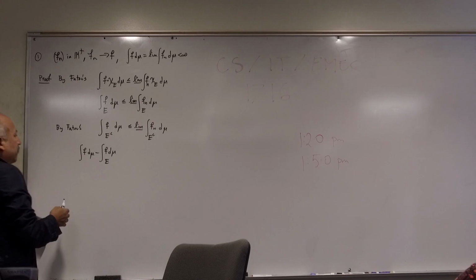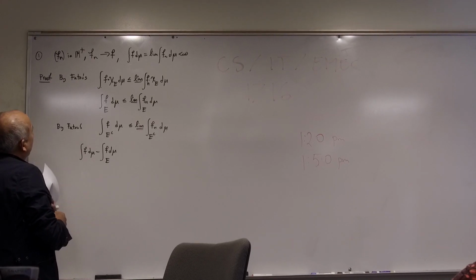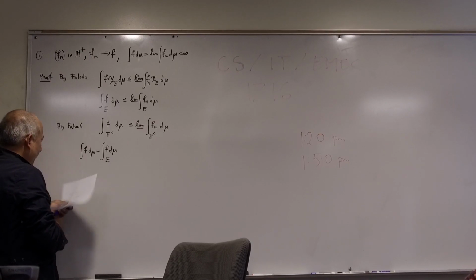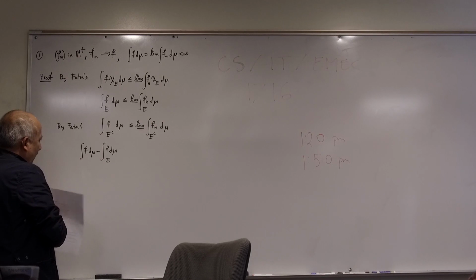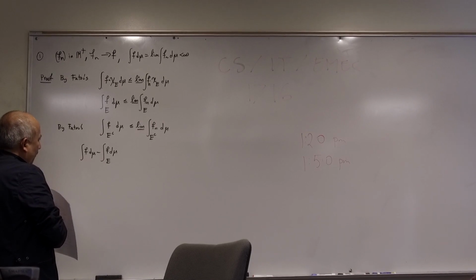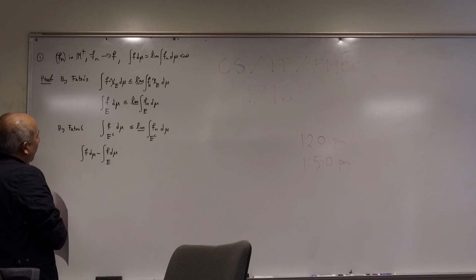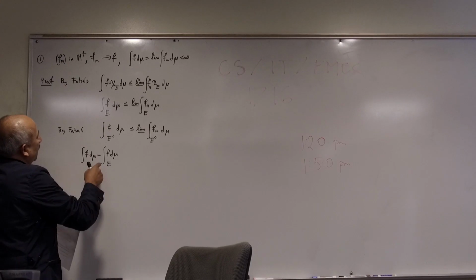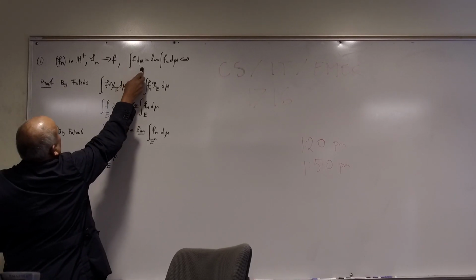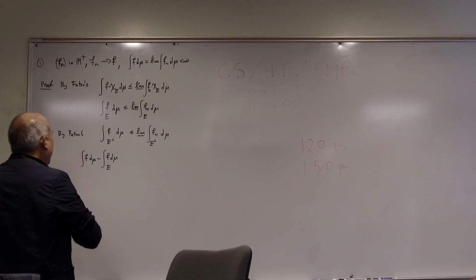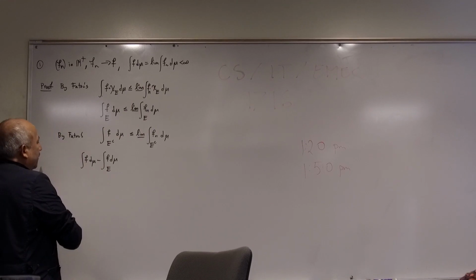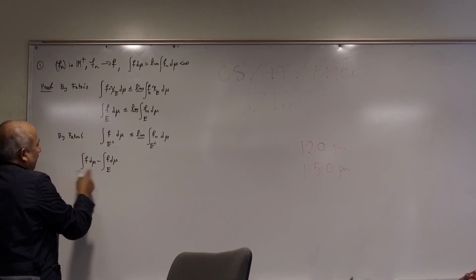And the reason we can do this is because this integral is finite. So therefore you are subtracting finite numbers. This one is finite, but how about this one?